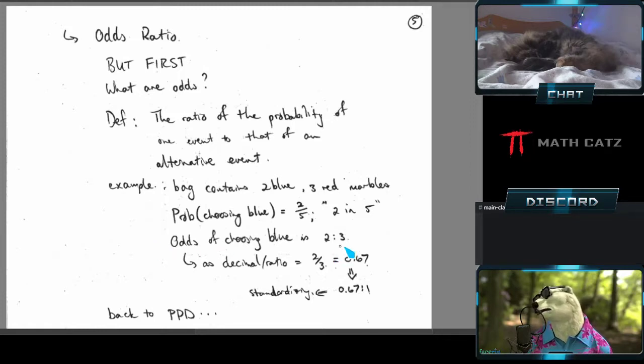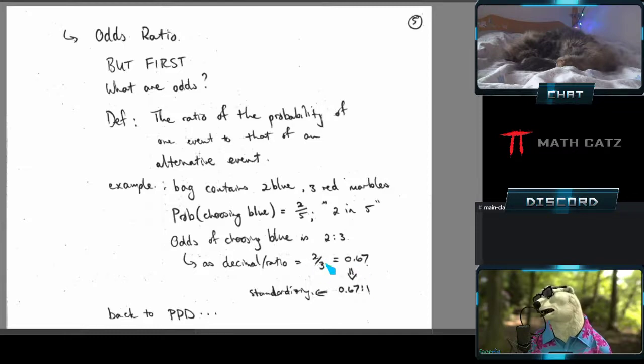I can then standardize this odds expression by calculating the ratio of these two numbers, in this case 2 divided by 3, and I get 0.67. It's a way of standardizing the odds so that the answer is to 1.